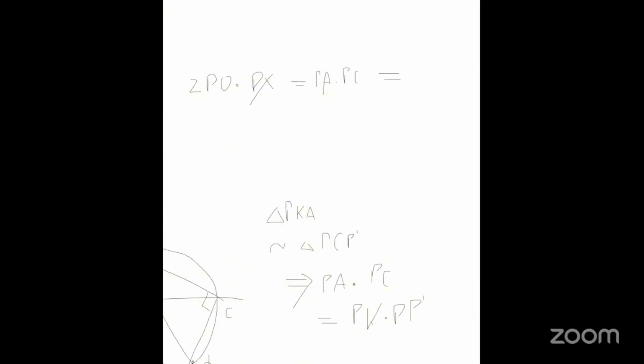In the problem statement, we know this is equal to 56, right? And the other thing is 2PO times PY is equal to PB times PD is equal to 90.